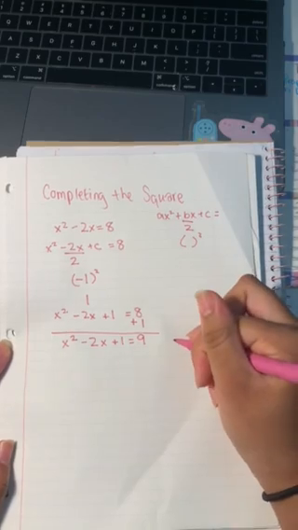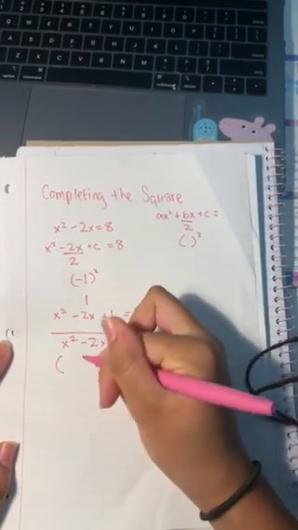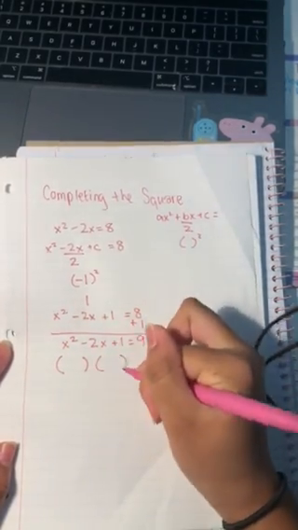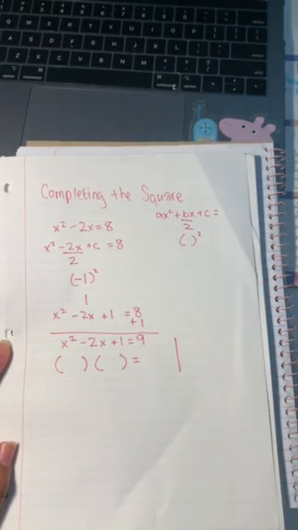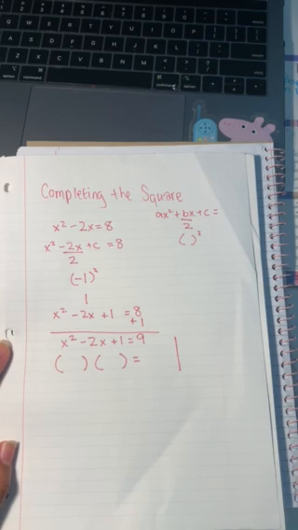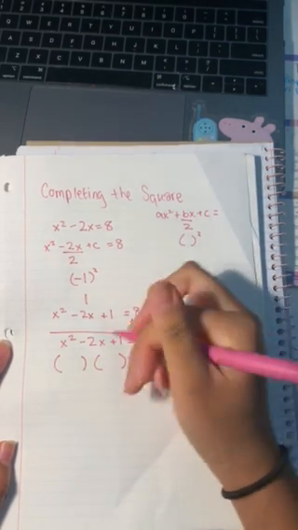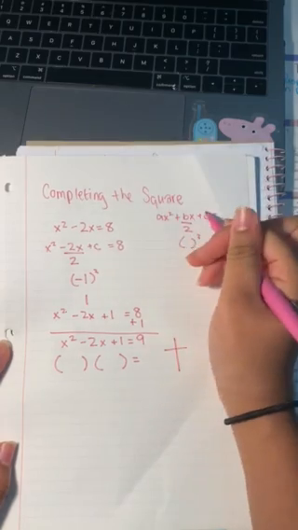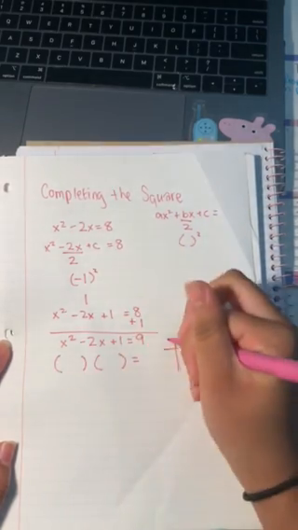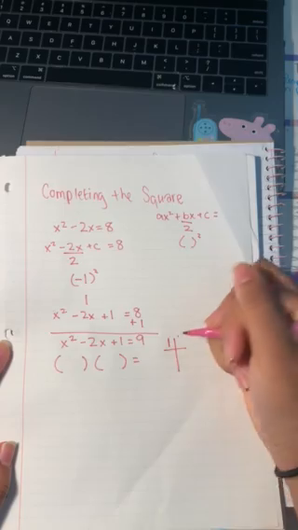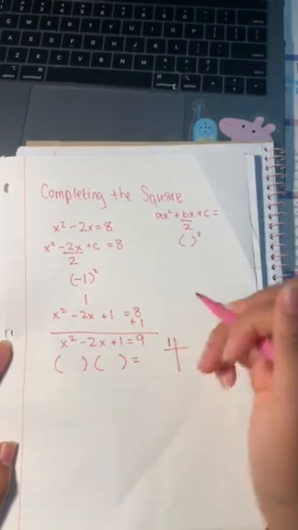What I do to factor it into parentheses, in order to apply the square root property, is I look for factors of 1 that add up to negative 2, and this works for all perfect square trinomials.